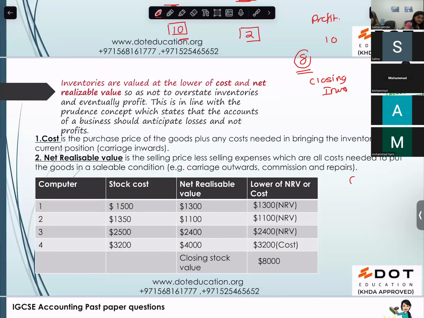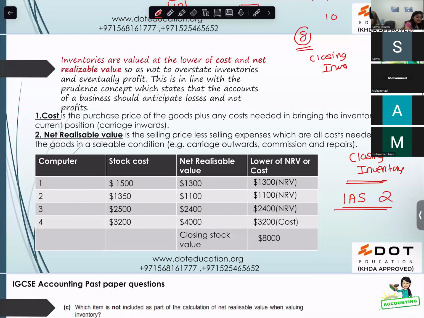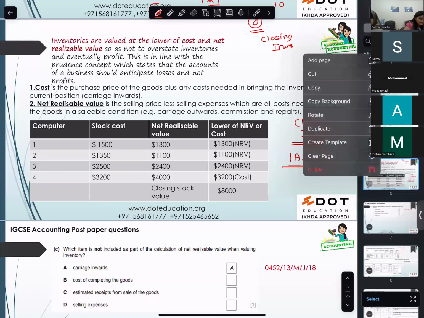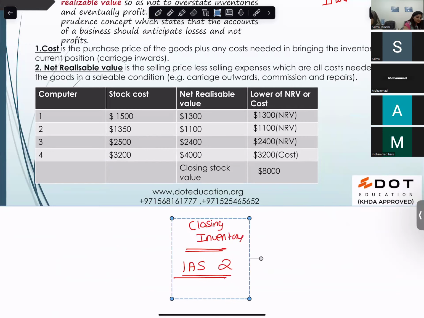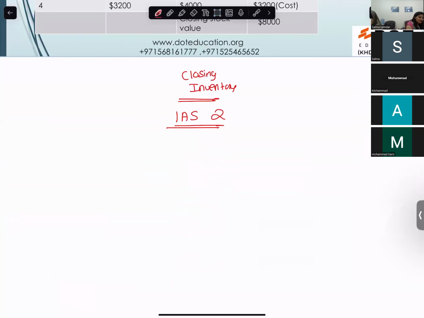So, closing inventory. There is a principle to value closing inventory, and this principle is in accordance with IAS 2, International Accounting Standard 2. It tells us that whenever you are valuing your inventory, it should be valued at cost or NRV.